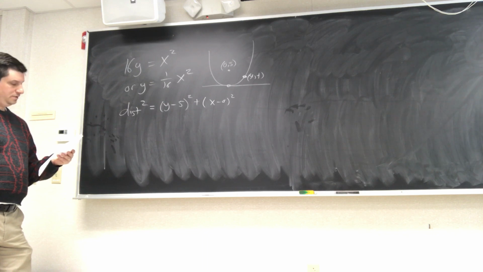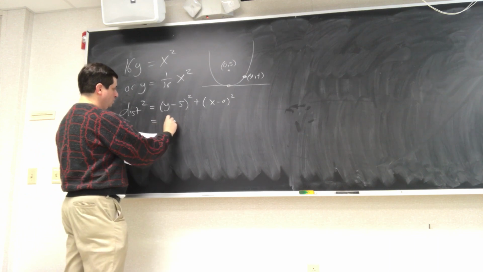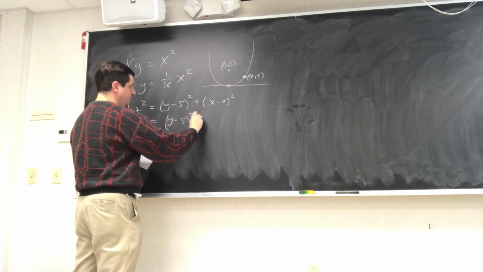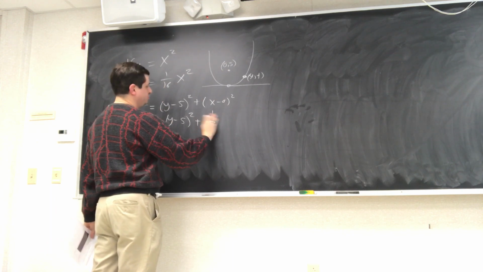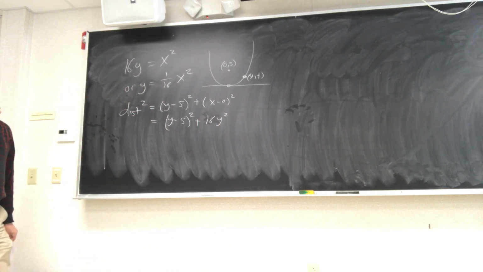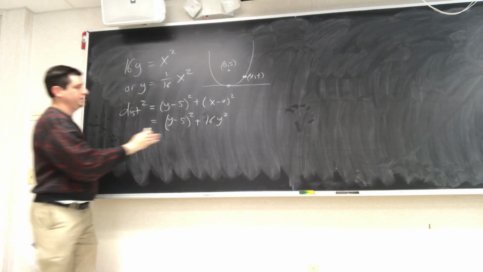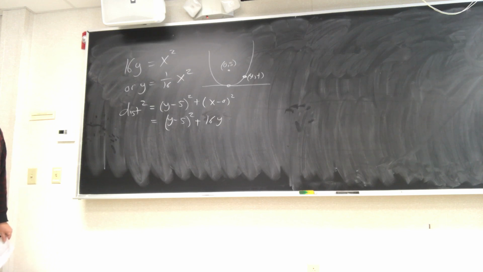So this is going to give us y minus 5 squared. Now x squared is just 16y. Oh, sorry, 16y. Thank you. And we know y is going to be greater than or equal to 0.